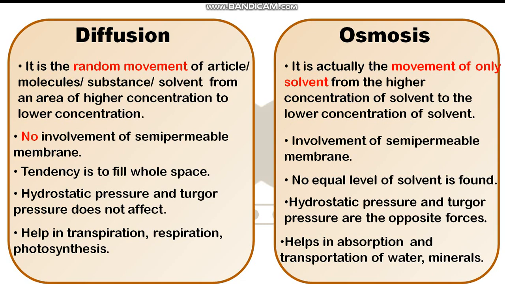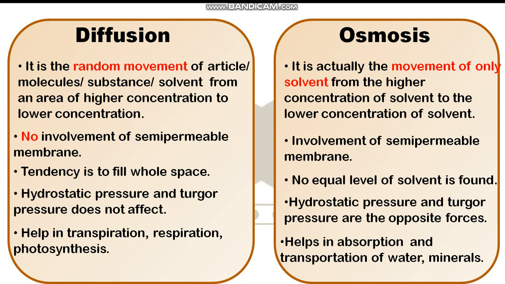While in osmosis there is only the movement of the solvent, and that movement of the solvent will also be from higher concentration towards the lower concentration. Another point is that there is no involvement of semi-permeable membrane. Now semi-permeable membrane, we have already seen that it will allow only selective particles to pass, while in osmosis there is involvement of semi-permeable membrane.